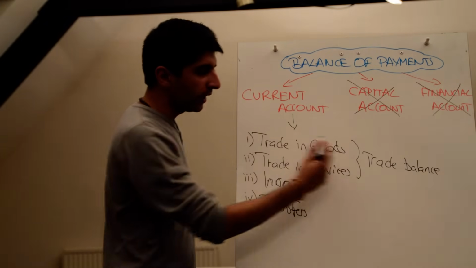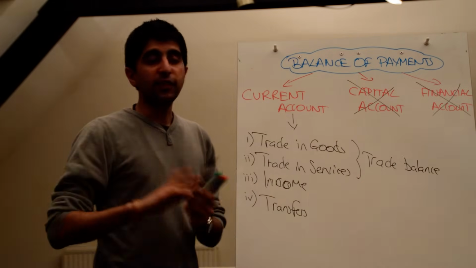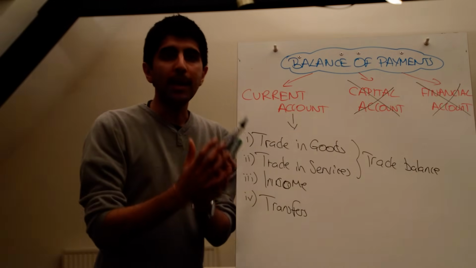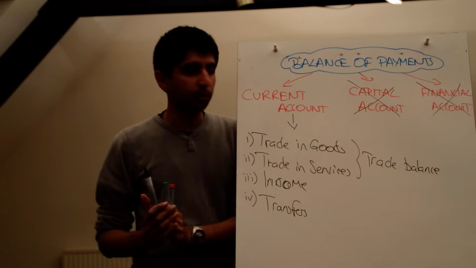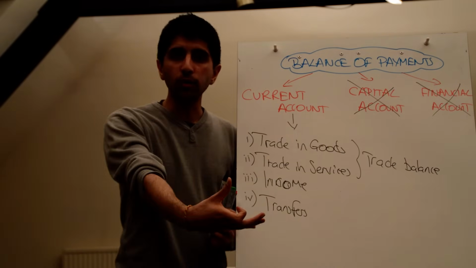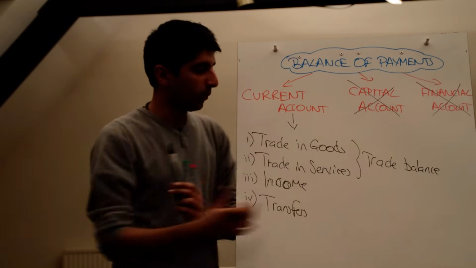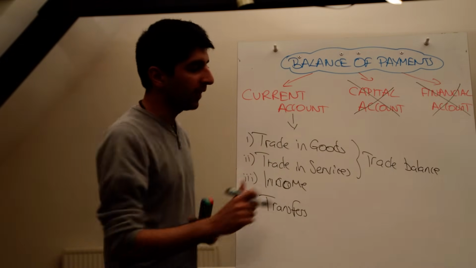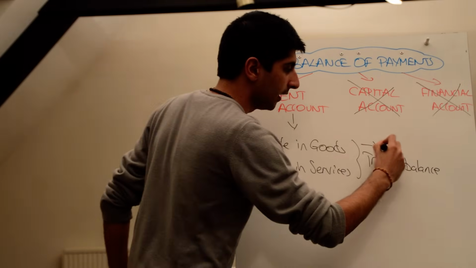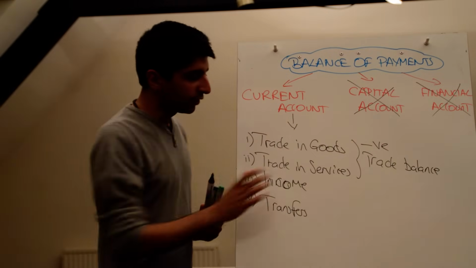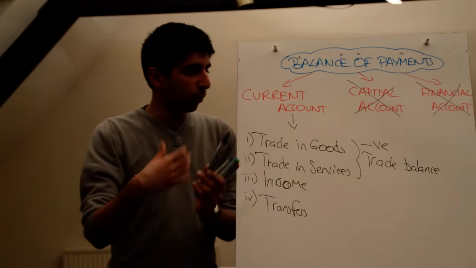So, our trading goods. Let's say that in the UK, which is true, we are importing much more than we export. So the money we spend on imports, the money leaving the country, is more than the money entering the country when it comes from trading goods. Well, in that sense, our trading goods balance is going to be negative. For trading services, we export more.